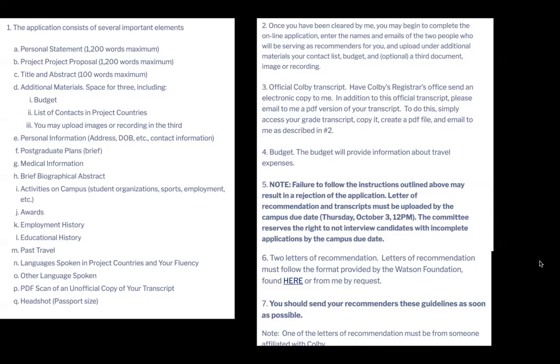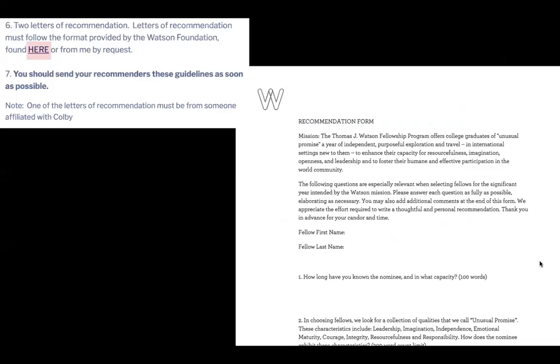It's important that you identify those people now because the Watson letter of recommendation is a very peculiar thing. Your recommenders have not written that before. Believe me, I've written quite a few in my time. It takes a lot of time. So I'm going to show you the beginning of the form, right? On our website, you see there's a hyperlink where you can go and download the recommendation form.